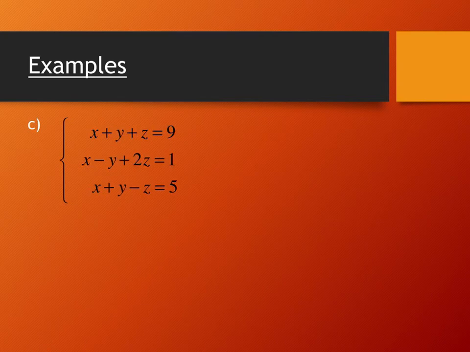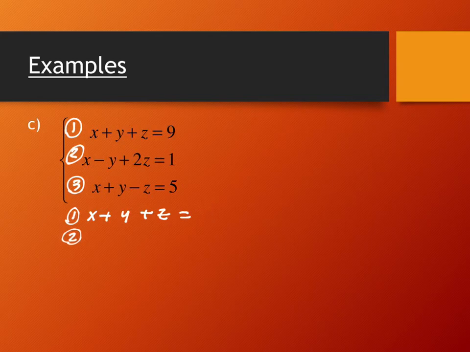So question 3, I have x plus y plus z equals 9, and so forth down. We have choices again. Do you want to eliminate x, y, or z? Y is pretty nice, so we'll label them equations 1, 2, and 3. What two equations would you like to take first? 1 and 2. Equation 1 is x plus y plus z equals 9.